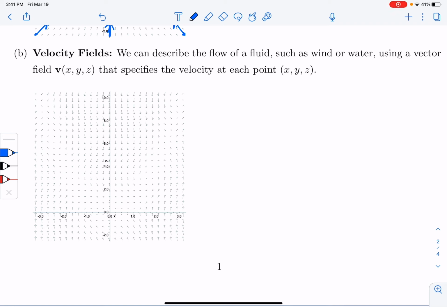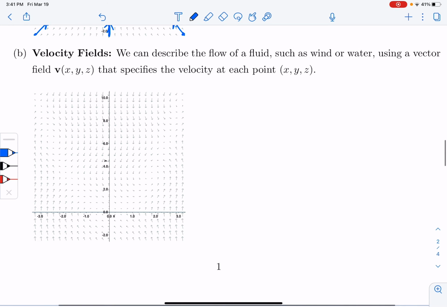And so the idea here is that these vectors give you the velocity of, say, some sort of fluid, wind or water. And so then you can trace the influence of that velocity.